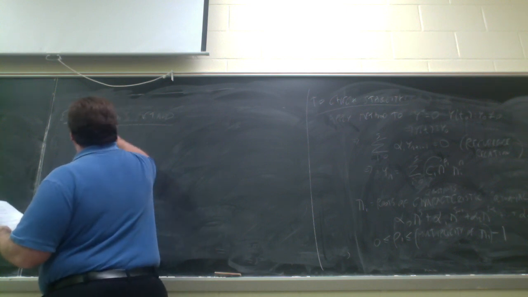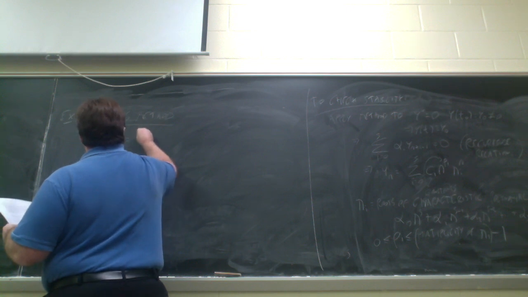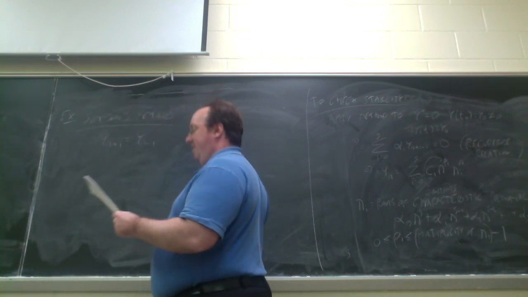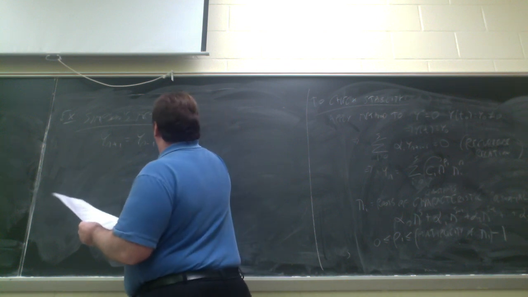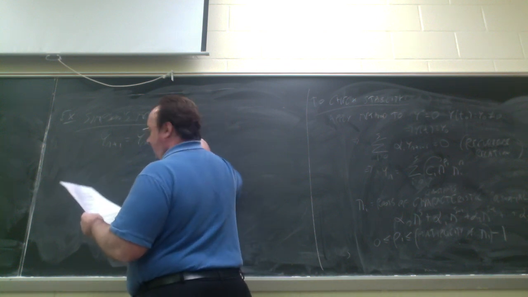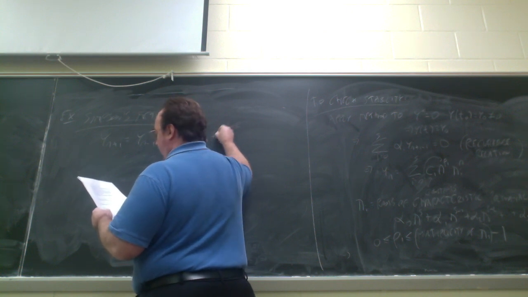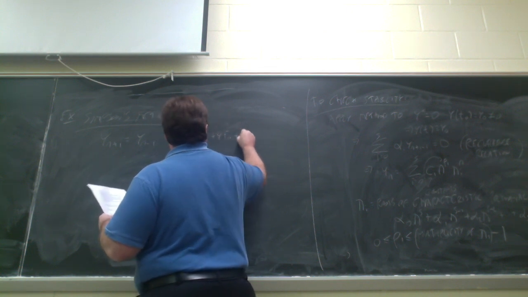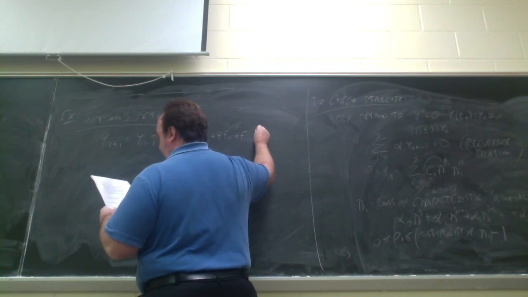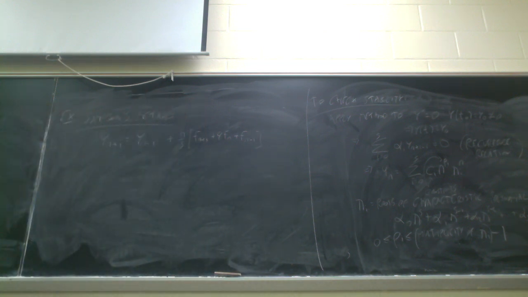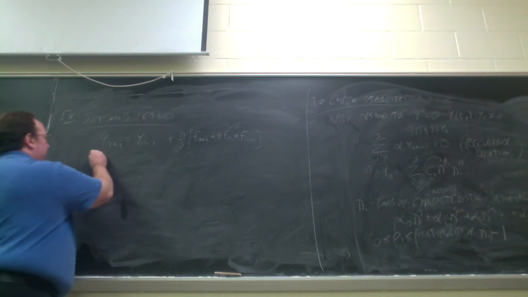So this is a straightforward method. We have y sub n plus 1 is equal to y sub n minus 1, so there's no y sub n here, plus h over 3 times f sub n plus 1 plus 4 f sub n plus f sub n minus 1. Because we only go back to y sub n minus 1, this is a two-step method.